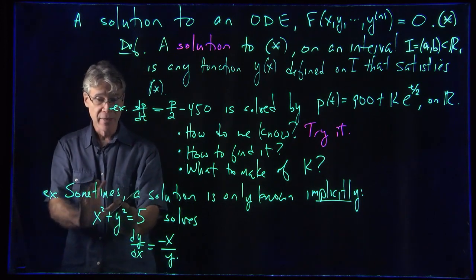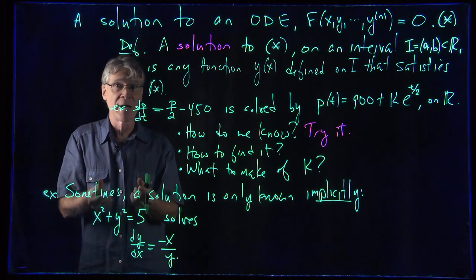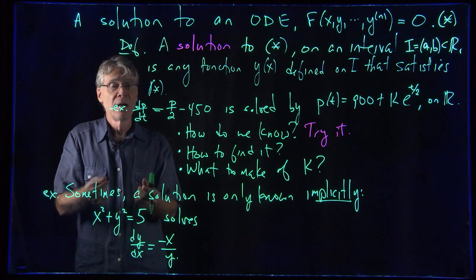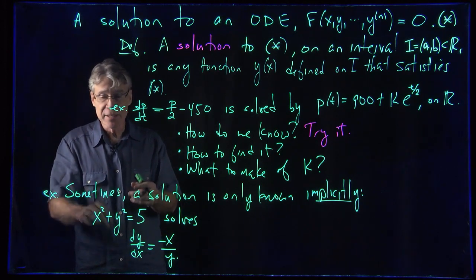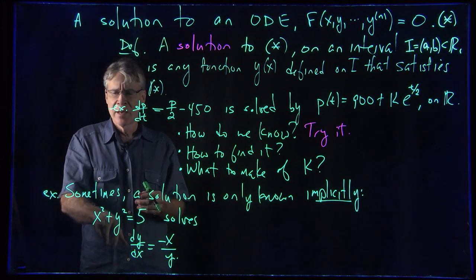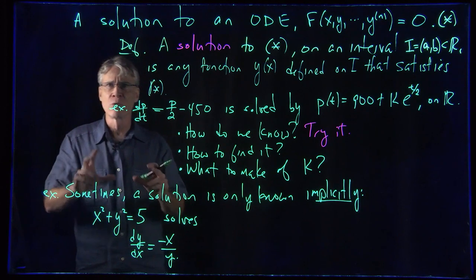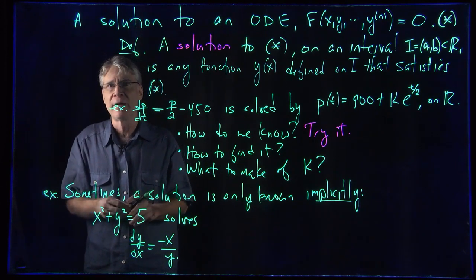But if I were to take this equation, I cannot solve for y as a function of x. But y is implicitly a function of x in the sense that if I vary x, I also vary y. If you recognize this, the graph is a circle of radius square root of 5.